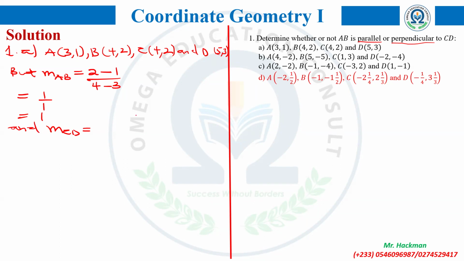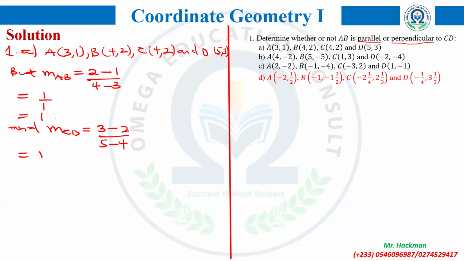So Y sub 2 minus Y sub 1 all over X sub 2 minus X sub 1, which is 5 minus 4. So that will also give us 1 over 1, and you don't write over 1. So 1.